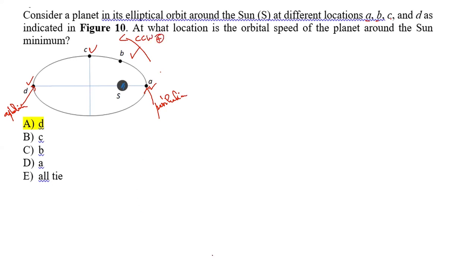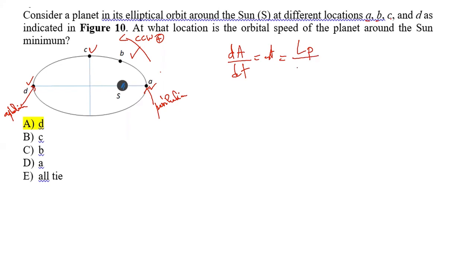First, it's an elliptical orbit and the sun is at one focal point. Second, Kepler's second law tells you that the area swept in the same interval of time is constant. And if you remember in class, I told you this is constant because you have constant angular momentum.